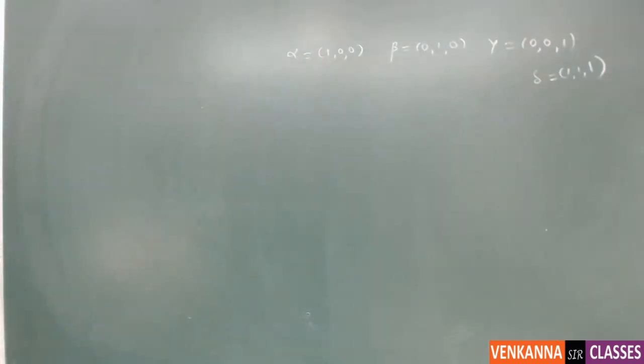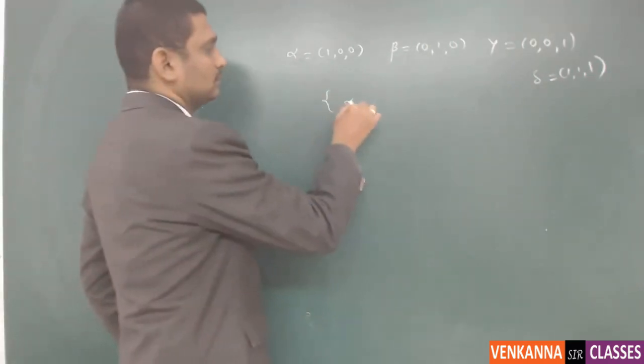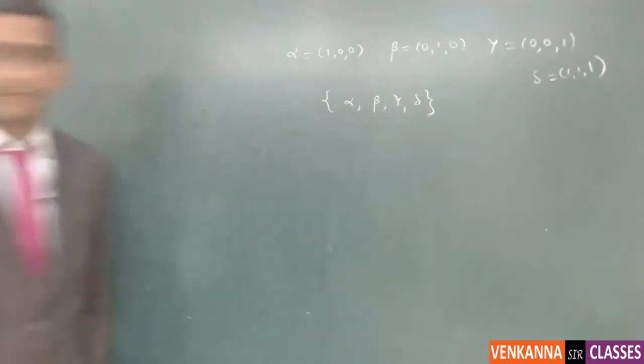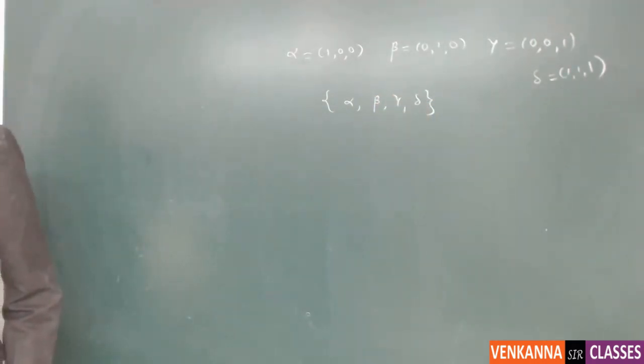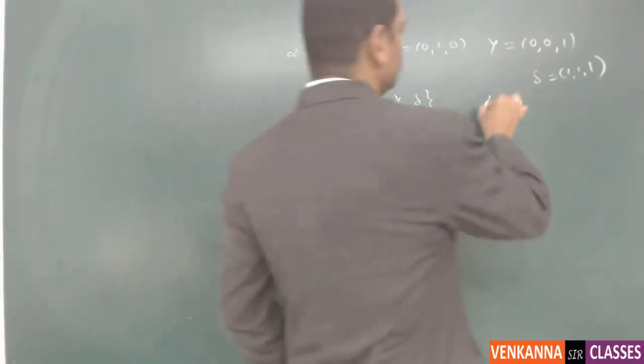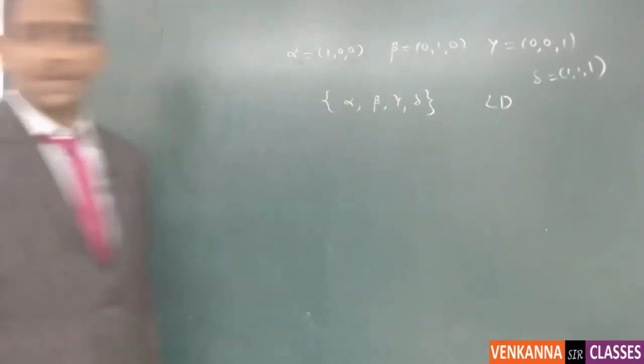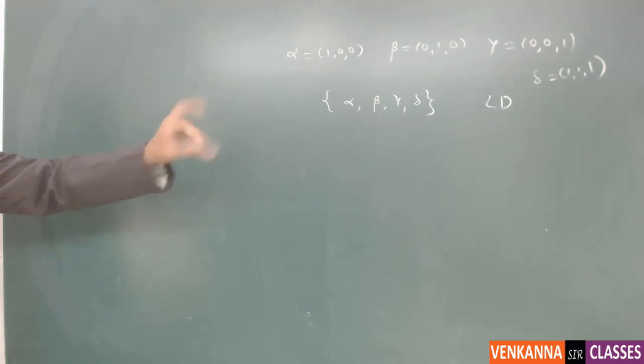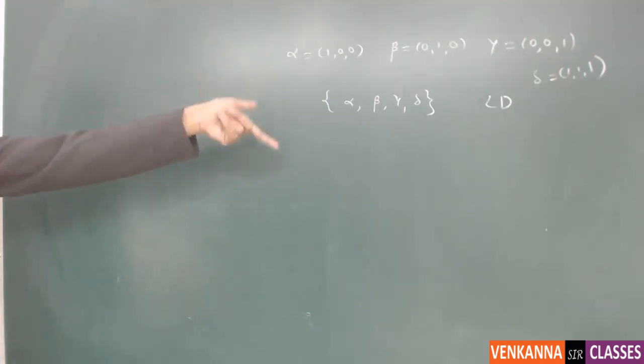Now see, I am saying that if I take all the 4 vectors in one set, then it becomes LD. Or if I choose any 3 of the 4 vectors, it becomes LI.